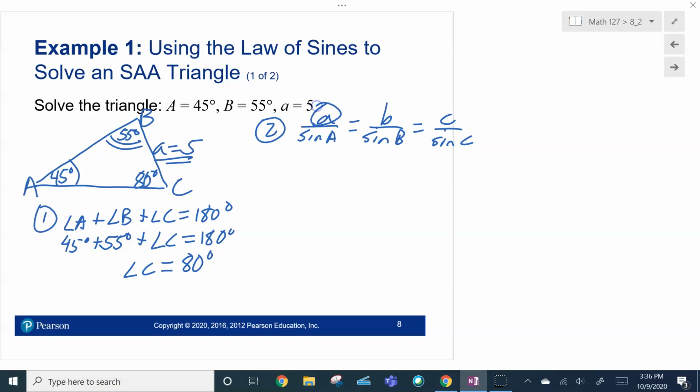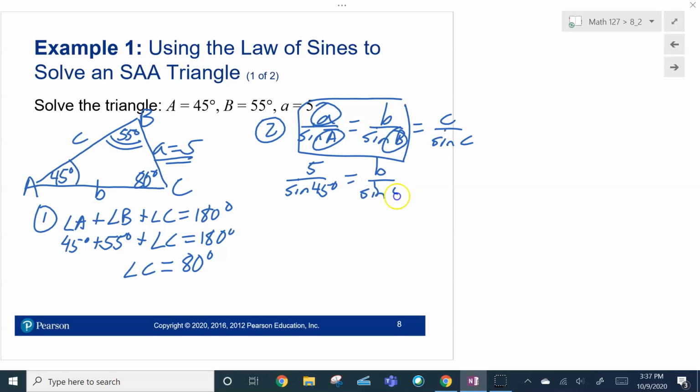I know I have little a, I have the angle A, I was given angle B, so I'm going to use these two right here. So I have 5 over the sine of 45 degrees equals b, I'm solving for b, over the sine of 55 degrees. All right, now we've got a proportion here, so we can cross multiply this.